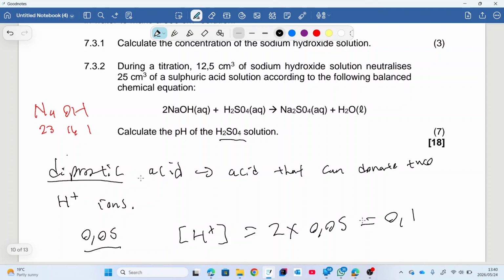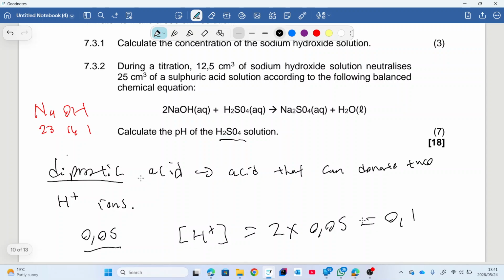Okay. So how can you tell if it's diprotic? Because it has 2 hydrogen atoms.